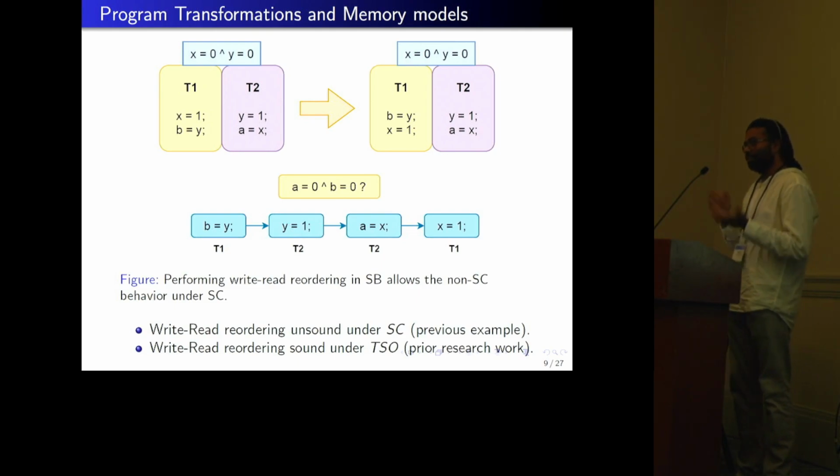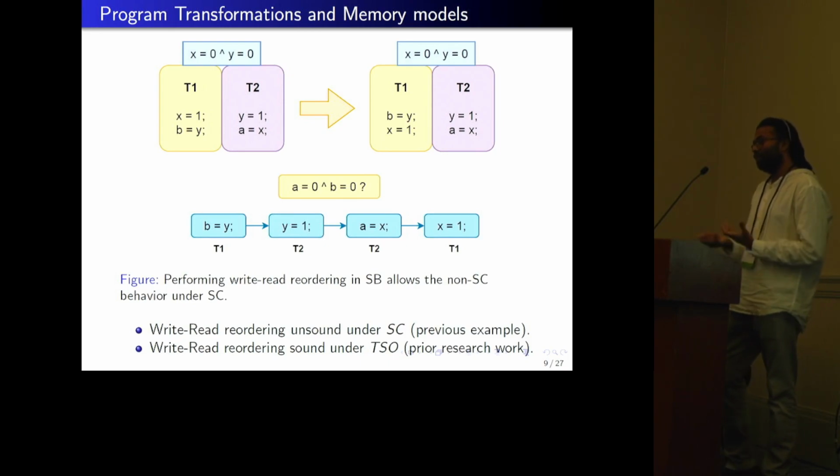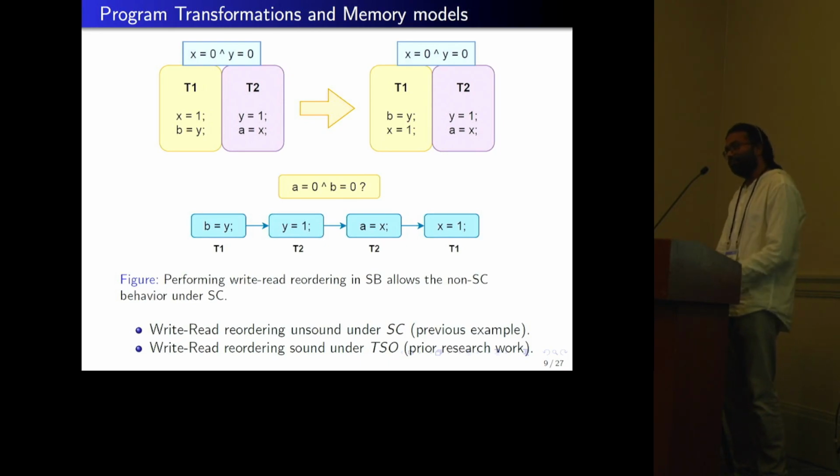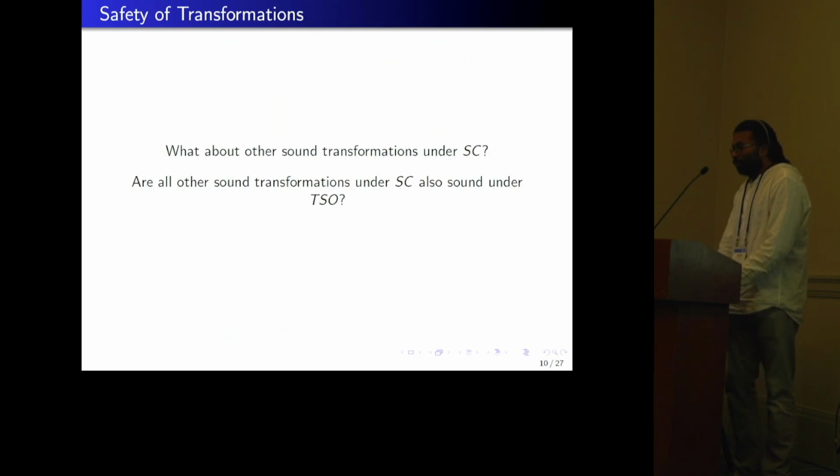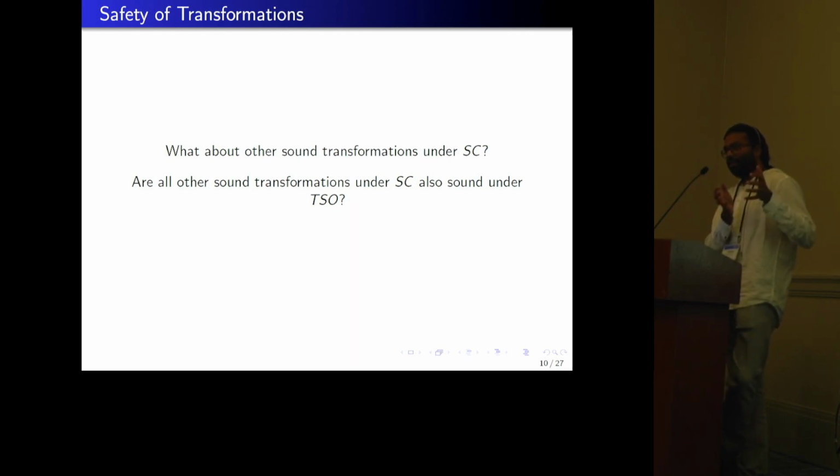But from previous work, we also know that write-read reordering is sound under TSO. So for all programs, we can do write-read reordering under the TSO model. So we asked, what about other sound transformations under SC? Do we get all transformations sound under SC for free in TSO?